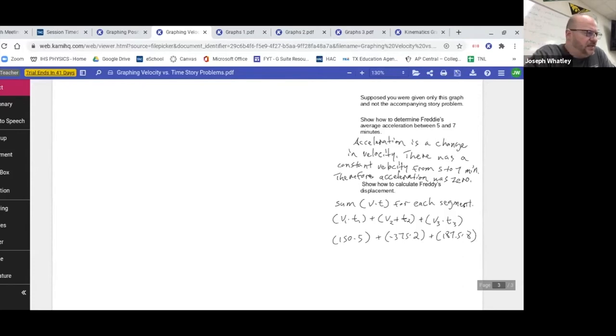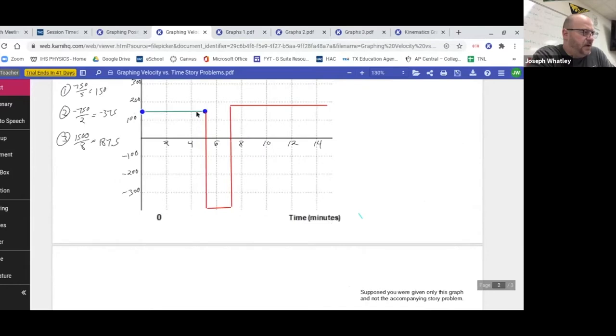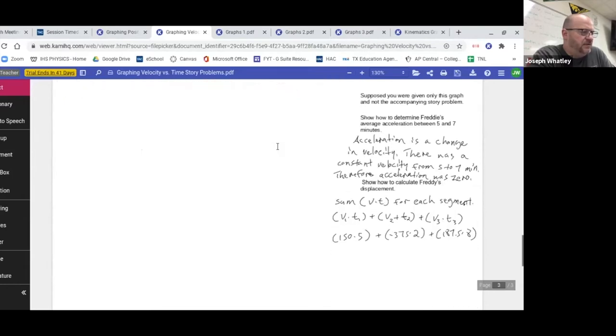Okay. Then it says, show how to calculate Freddie's displacement. And I said, you just have to sum up velocity times time for each segment. So there's 3 segments here. There's a positive one, a negative one, and another positive one. So I just say V1 times T1 plus V2 times T2. Actually, I don't know why that said plus. That should be a times. Let's see if I can fix that.